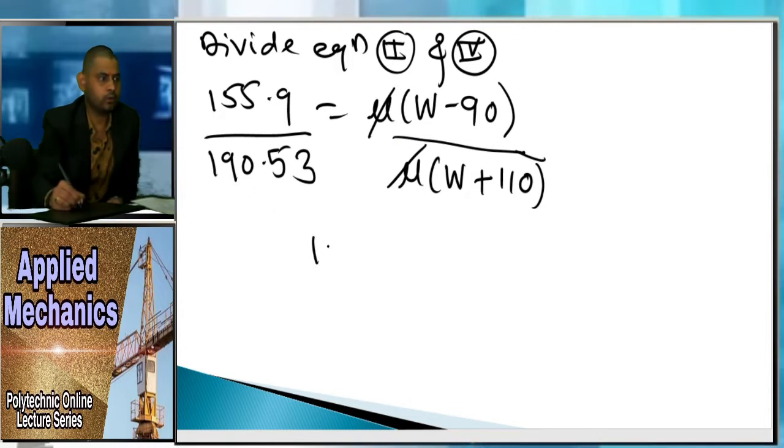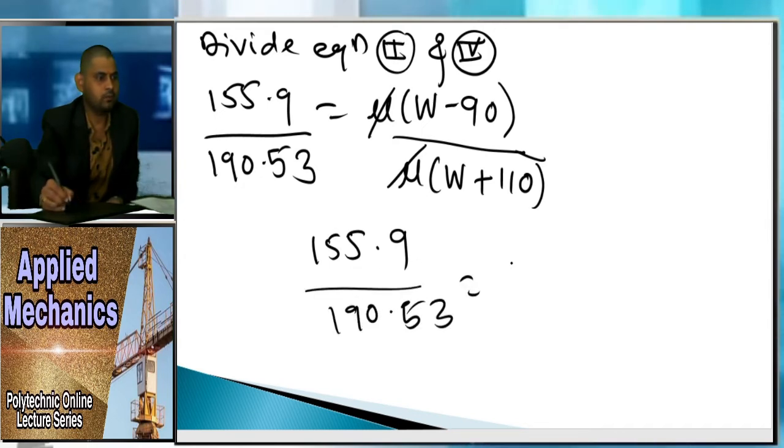So we get 155.9 divided by 190.53 is equal to (W minus 90) divided by (W plus 110).